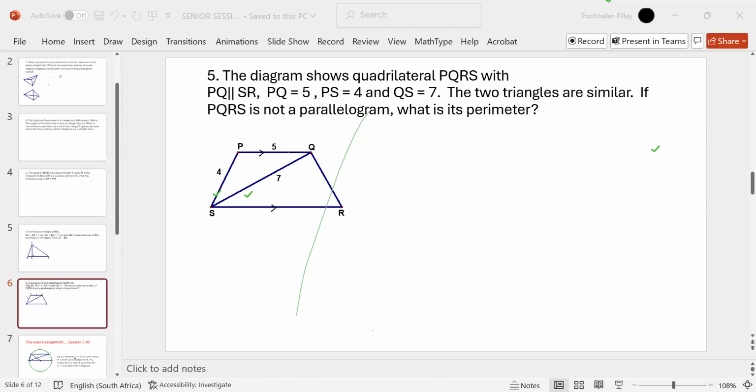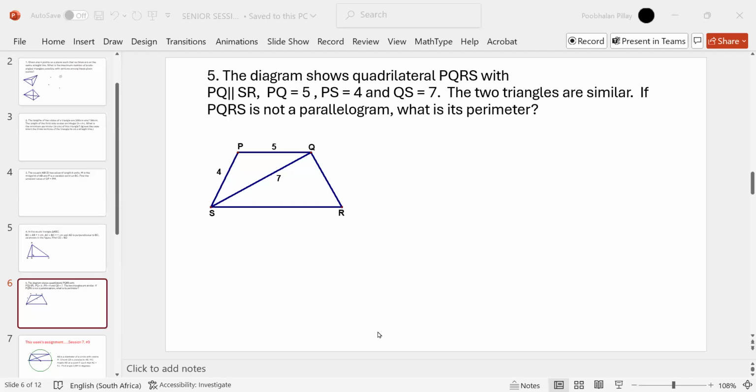Sorry, I seem to be having some problems navigating this kind of a thing. Let's just stop the share and start all over again. Okay, that's better. Can you see the screen now? Yes, Prof. All right.